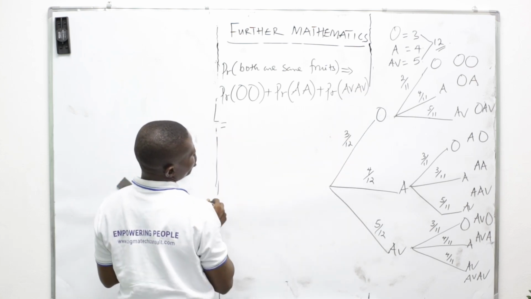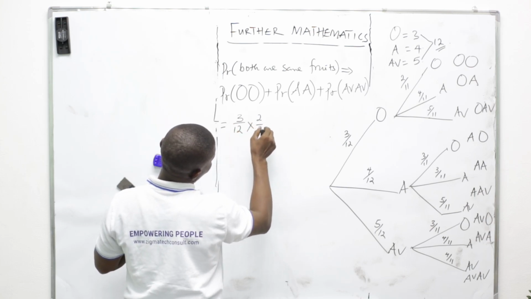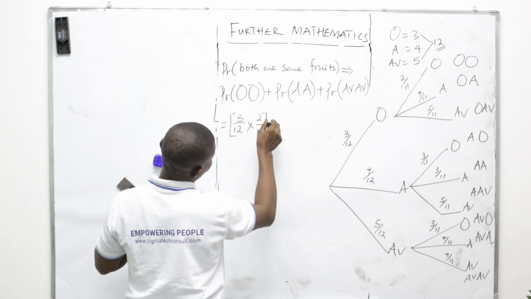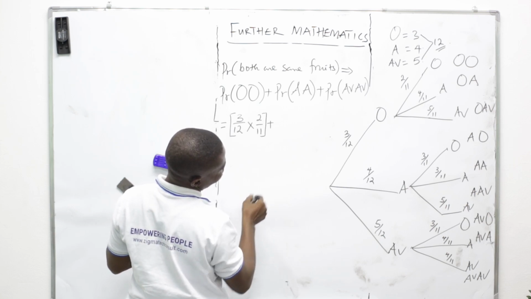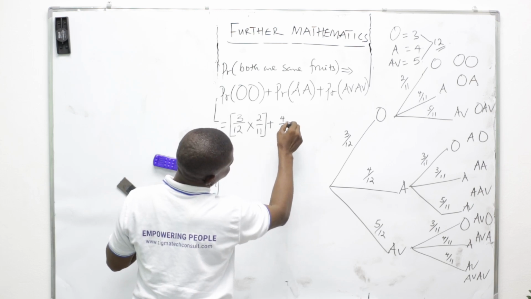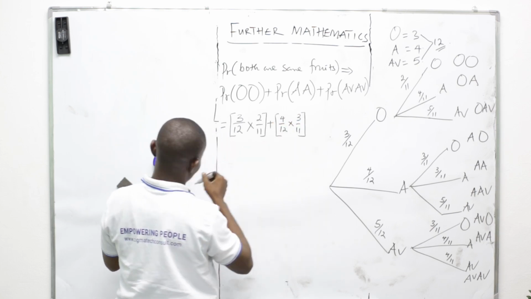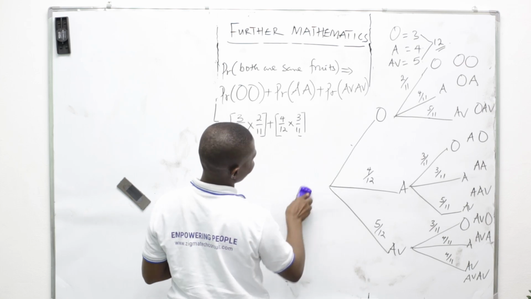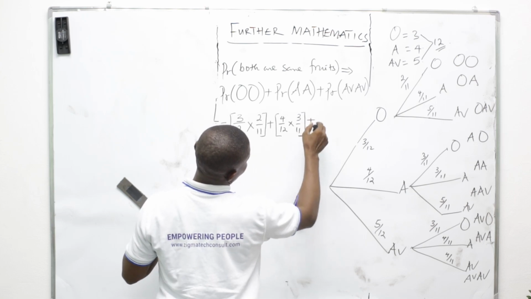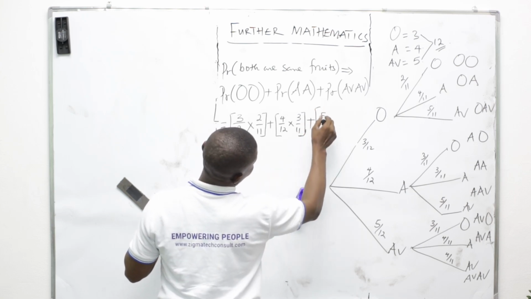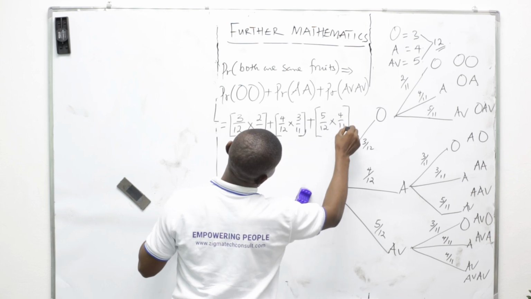That is orange, orange, 3 all over 12 multiplied by 2 all over 11, plus apple, apple, 4 over 12 multiplied by 3 all over 11, plus avocado pear, avocado pear, 5 all over 12 times 4 all over 11.